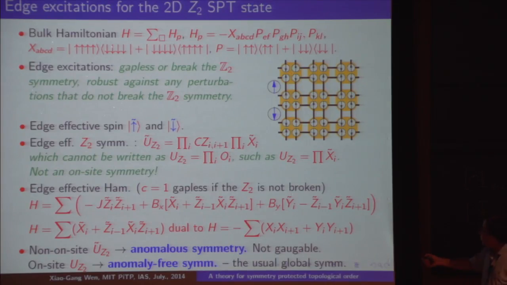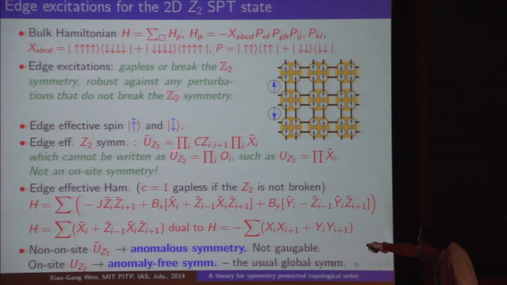So therefore, the boundary spin-1/2, the boundary Z2 degree of freedom, has this anomalous Z2 symmetry. So the boundary effective Hamiltonian should be invariant under this non-on-site Z2 symmetry. Then clearly, you can write down the Hamiltonian like sigma z, sigma z. That's a standard Ising term, and this term is always invariant under this non-on-site Z2 symmetry.